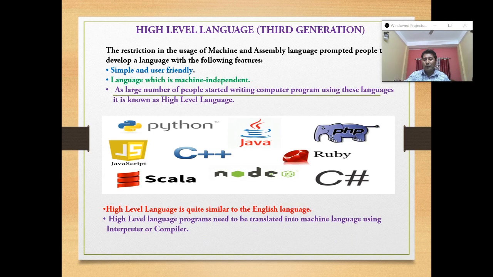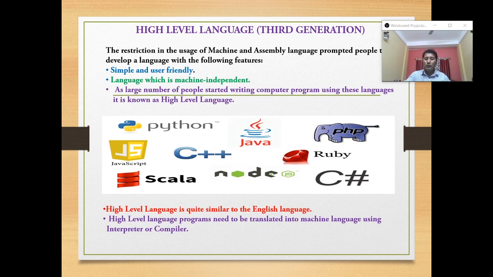Now, a high level language program needs to be translated into machine language using an interpreter or compiler. As I have already said, whatever language you use to write the program, all those programs need to be converted into machine language so that the machine can understand.